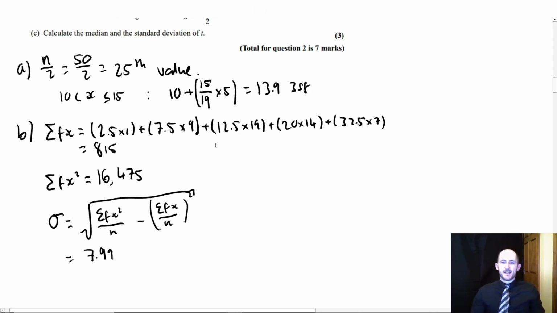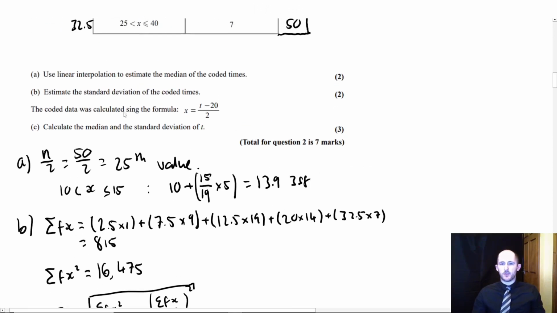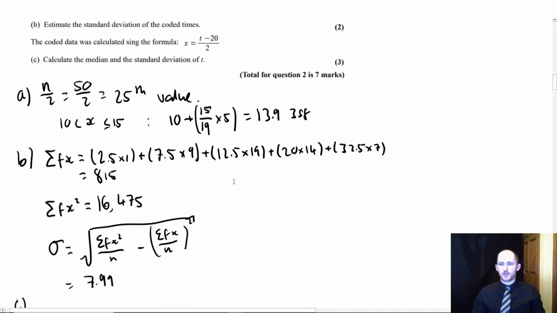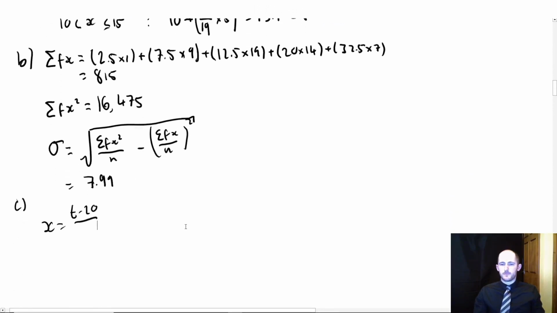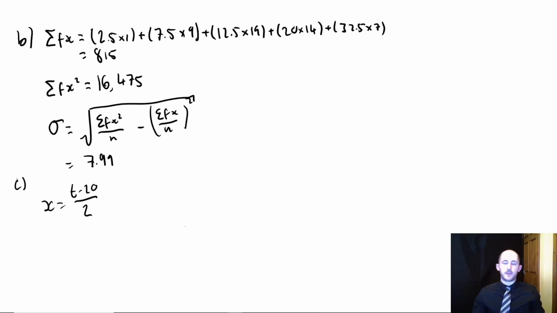Okay. So, for part C, the coded data was calculated using this formula. So what they've done is they've taken every single piece of data and subtracted 20 from it and then halved it.